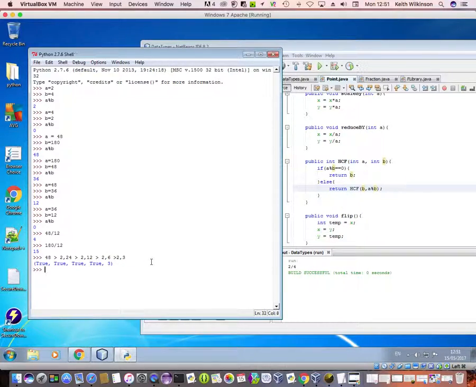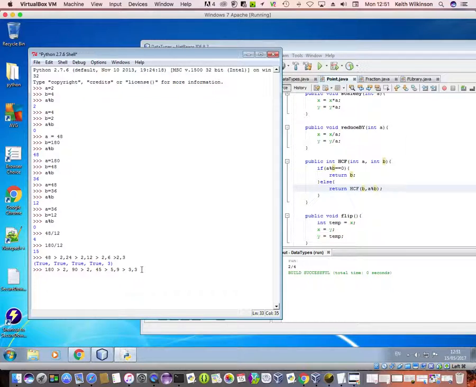I would do the same with 180, which would break down into 2 and 90, which would break down into 2 and 45, just dealing with the 90 here as I just dealt with the second value each time, which would break down into 5 and 9, and that would break down into 3 and 3.